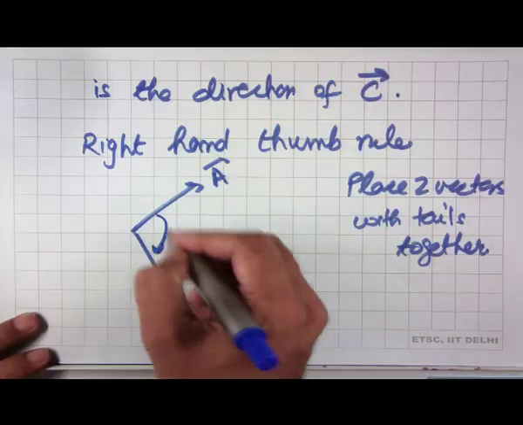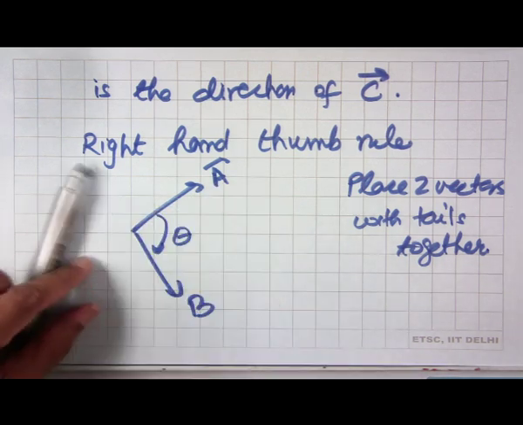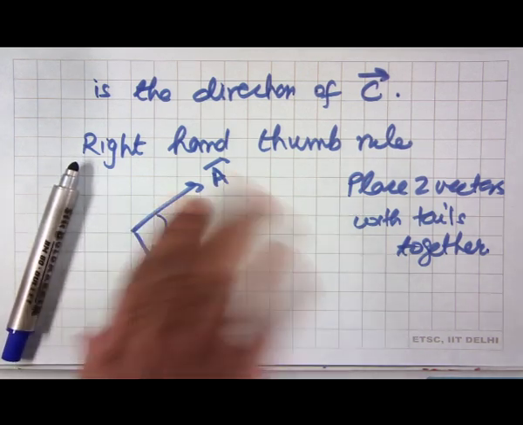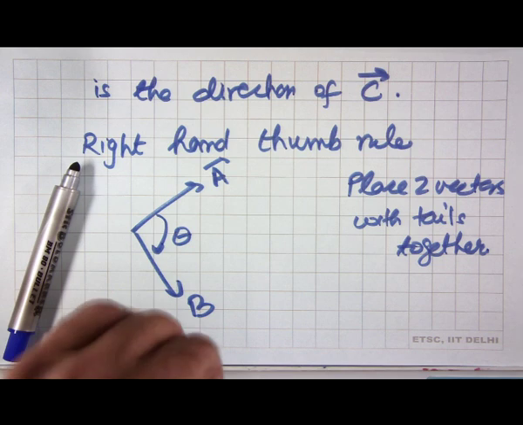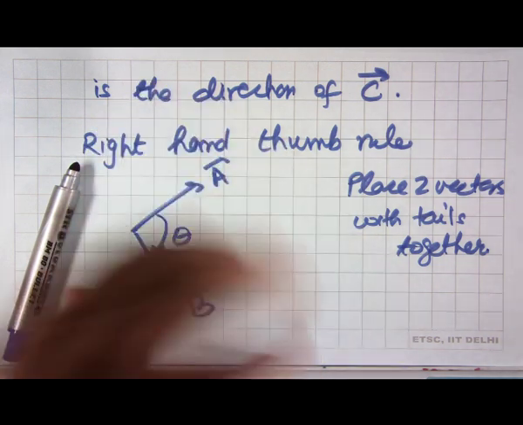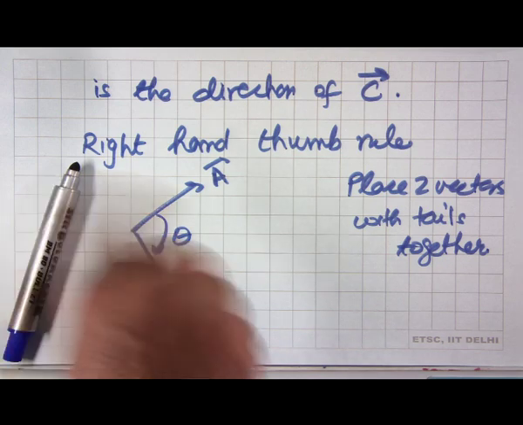You take the right hand, and you make the fingers of your right hand curl in the direction in which A will rotate towards B through the smaller angle.